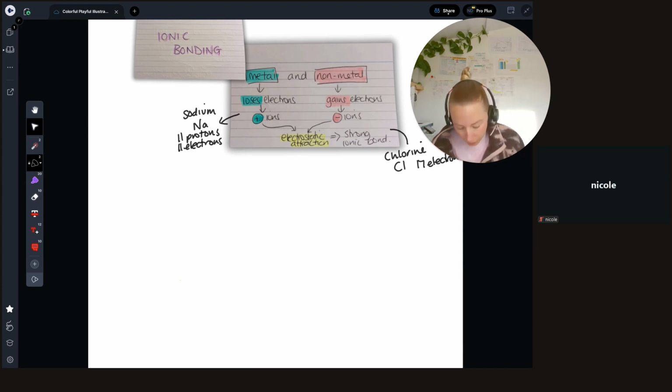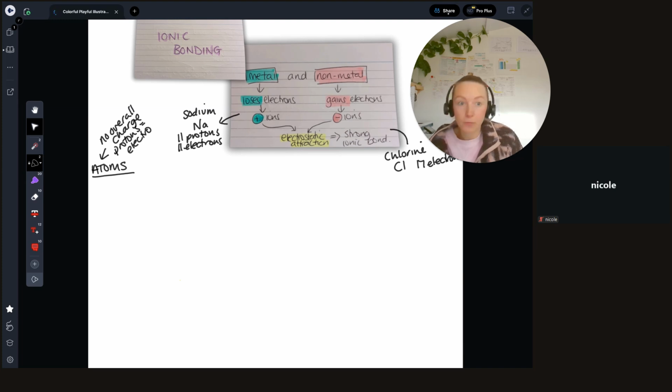The first thing we're going to do is draw both of these as their atoms. When we talk about atoms, we remember that there's no overall charge and the protons equal the electrons. If we draw the atom for sodium, we're going to put sodium in the middle. This is the electron configuration.